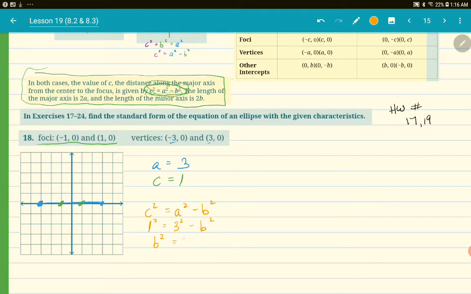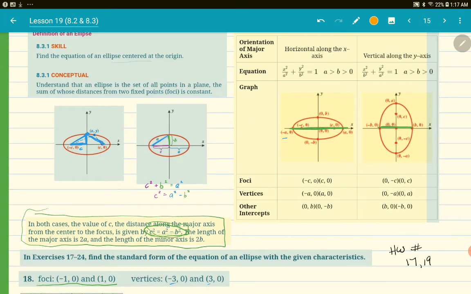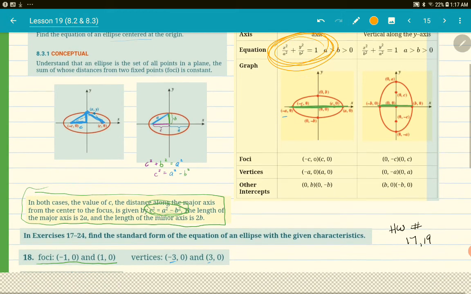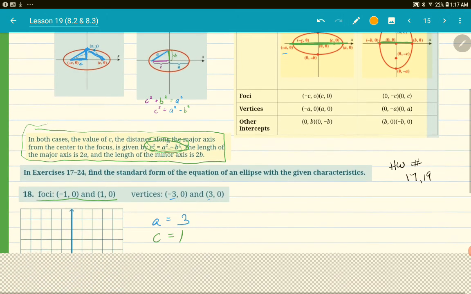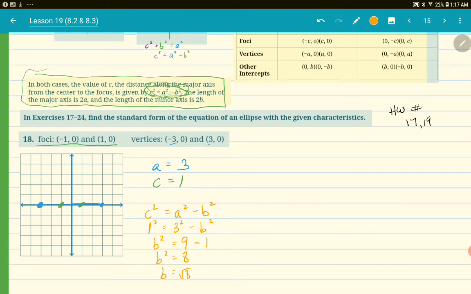Then I have 3 squared, or 9, minus 1, which is 8. I could also find that B is square root of 8, but really I want B squared, because I look back at the equation, and remember we said this is horizontal, so we're going to use this one. My equation has B squared in the denominator, so I never really need B. I need B squared. I do have to graph it, but we're not asked to graph it.